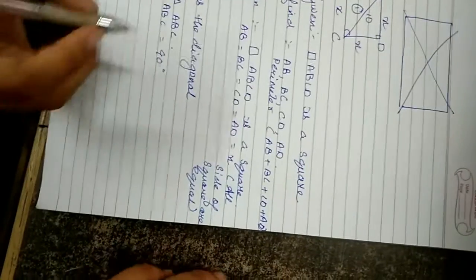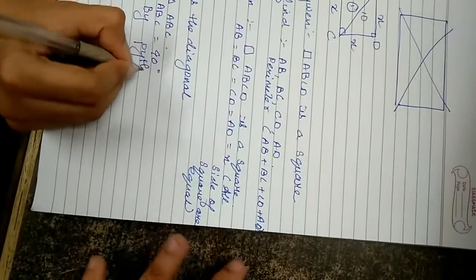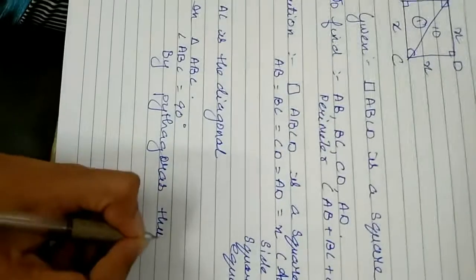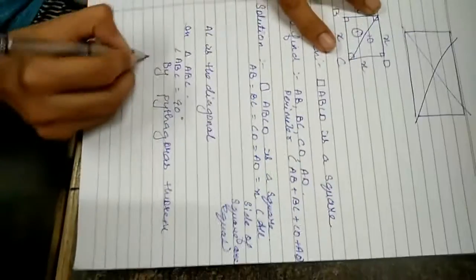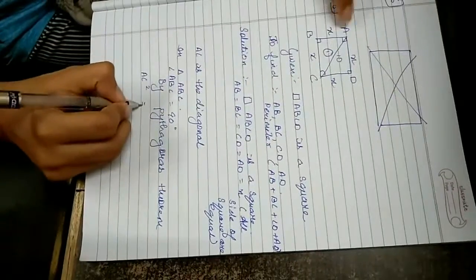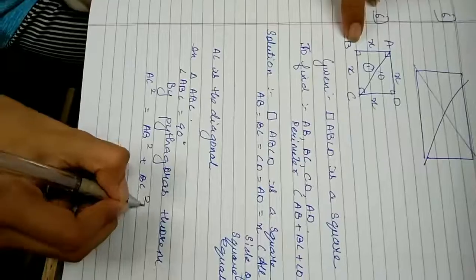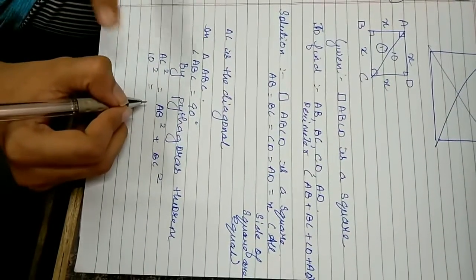Let us apply Pythagoras theorem. By Pythagoras theorem, hypotenuse square is AC square, side 1 square is AB square and side 2 square is BC square. AC square value is given, which is equal to 10 square.